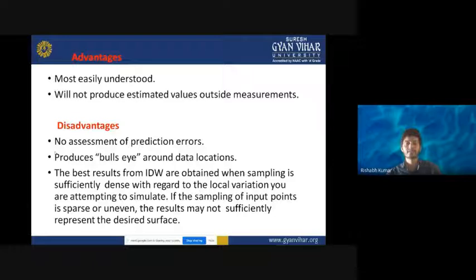The best results from IDW are obtained when sampling is sufficiently dense with regard to the local variation you are attempting to simulate. Okay, so when you have a relatively dense data population, sample data that you have, value known, so when it is dense, then it is going to give you relatively accurate or good results.